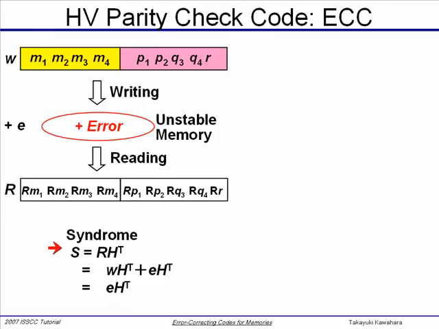The syndrome is very important because we only use the read-out information only. We do not know the original information, of course. So for R equals W plus E, the word times H transposed is 0. That is also the definition of the coding. So therefore, we can find out what the error is.